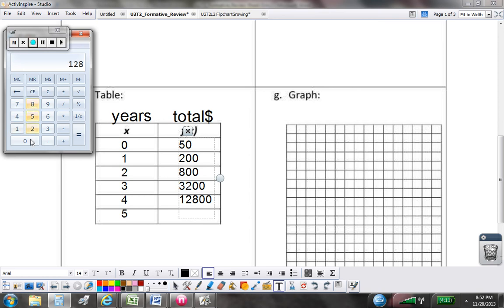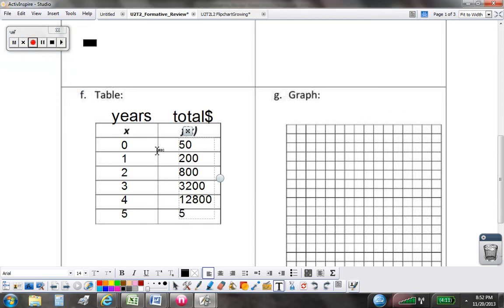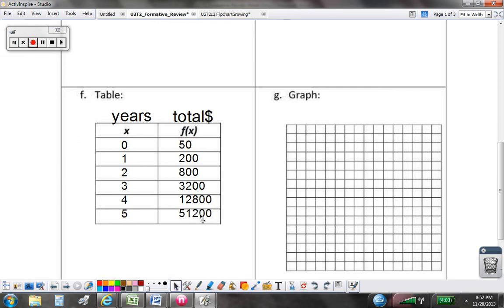I have a limit on my video, so I don't want to be taking up all this time trying to figure this out in my head. Times 4. Okay, so I have 51,200. Alright, so there's my table, pretty much completed up to the fifth term.